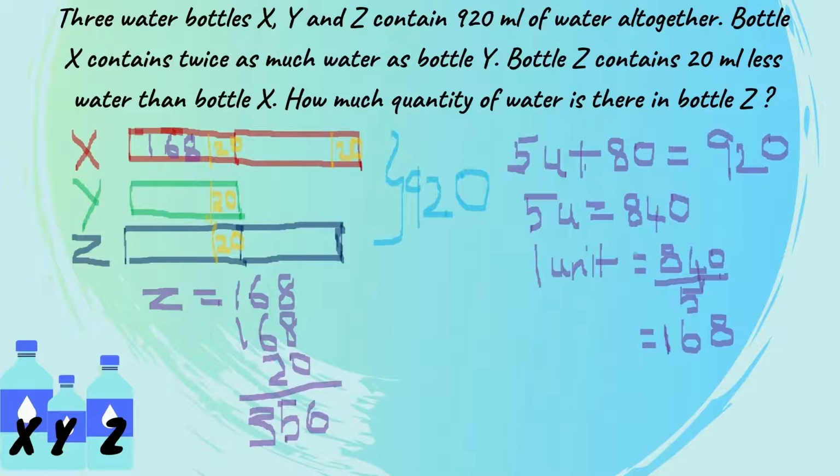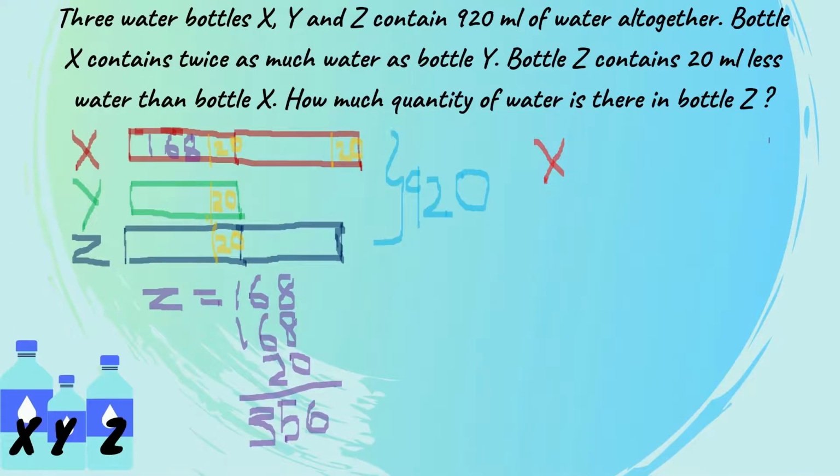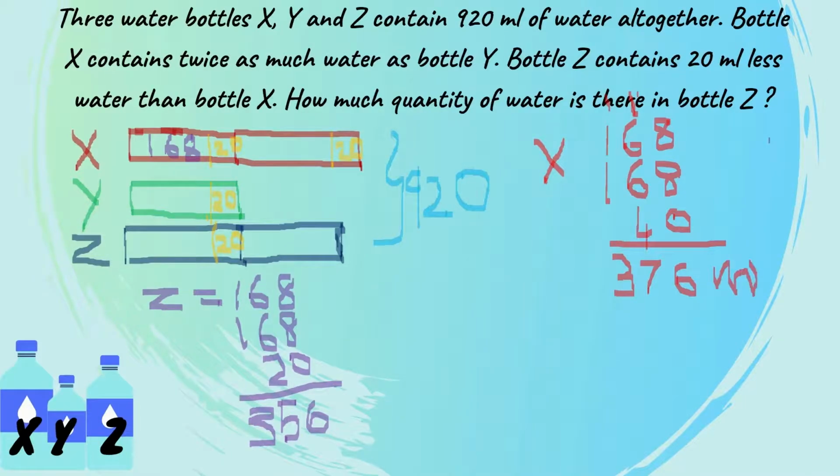When you go to bottle X, let's check how much ml of water is there in bottle X. X has 2 units and an extra 20 and 20, which is 40. 2 units together is 168 and another 168, and the extra 20 and 20 makes 40. When you add together, it has 376 ml of water.